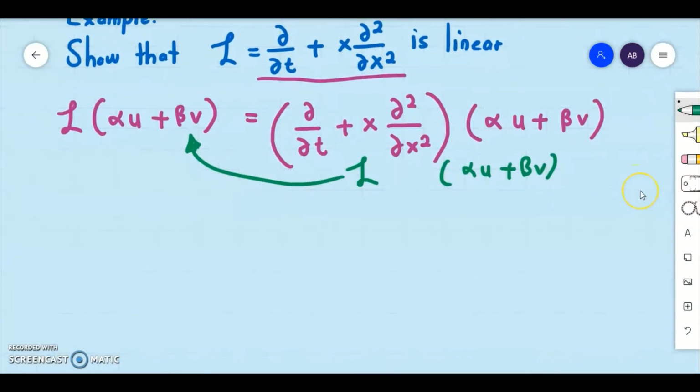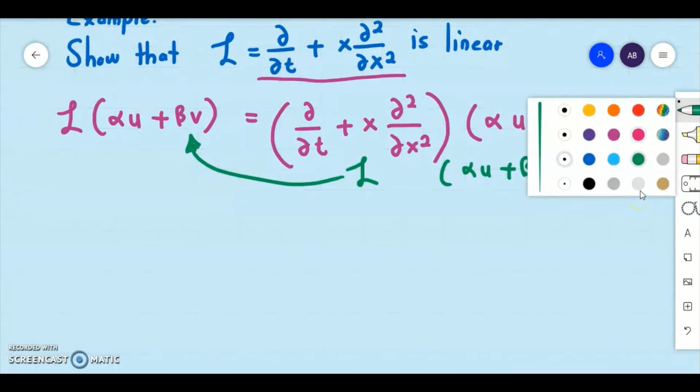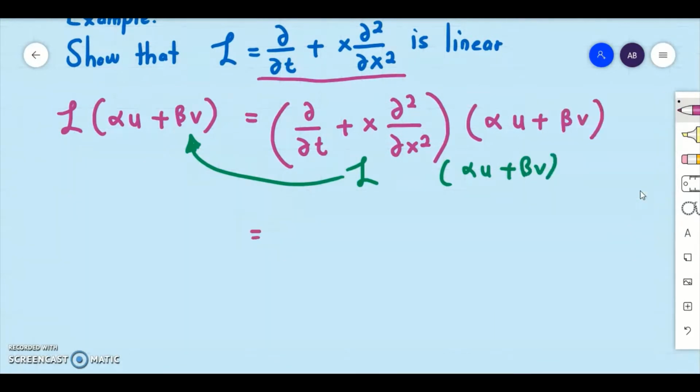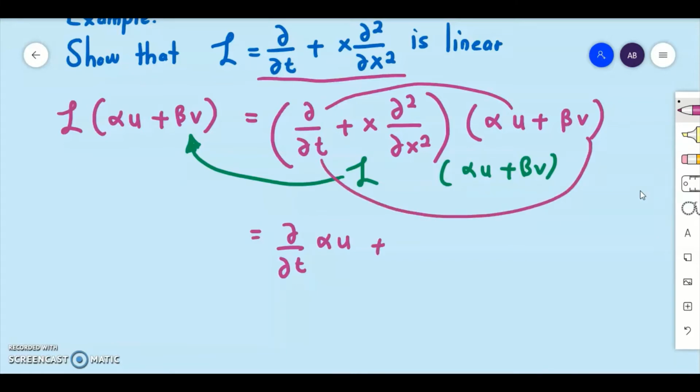Now the next thing I need to do is simplify this given equation. Alpha u multiplied with this term, I have partial over partial t of alpha u, plus beta partial over partial t of v.